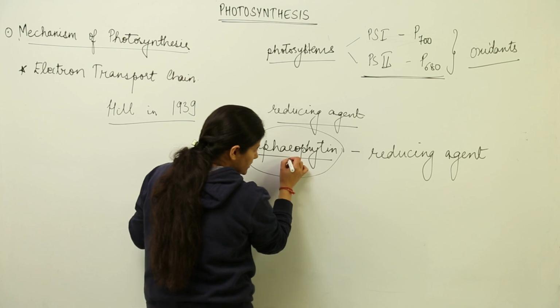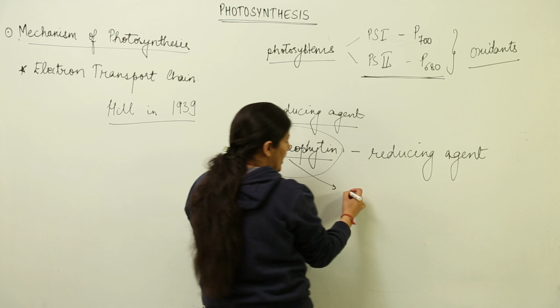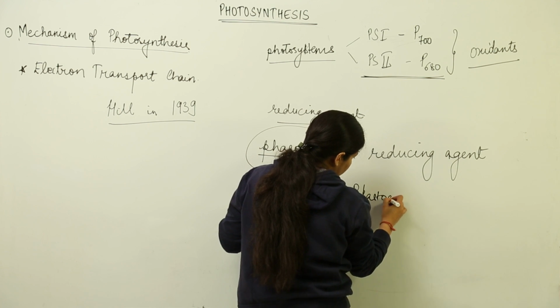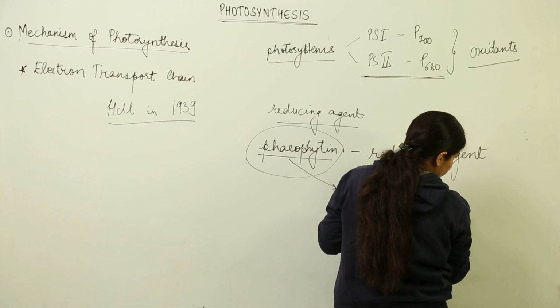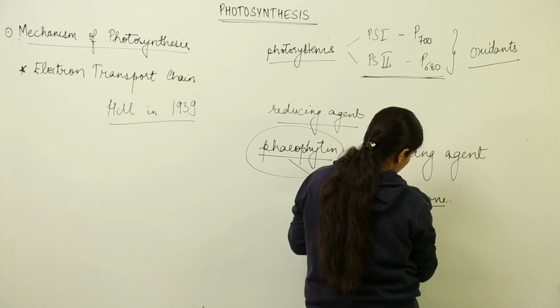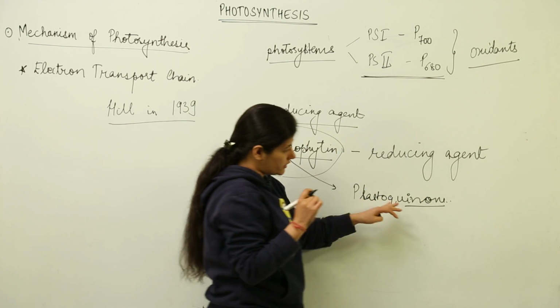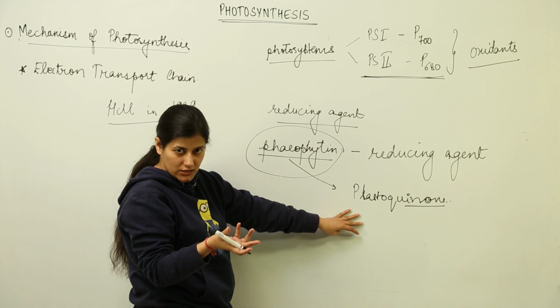Now pheophytin passes its electron to another electron acceptor, plastoquinone, which in turn gets reduced.